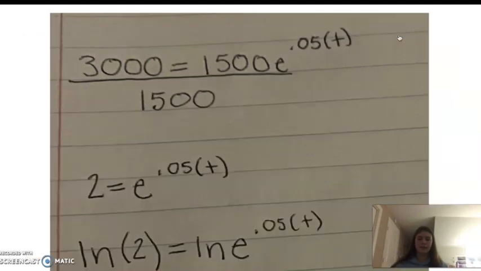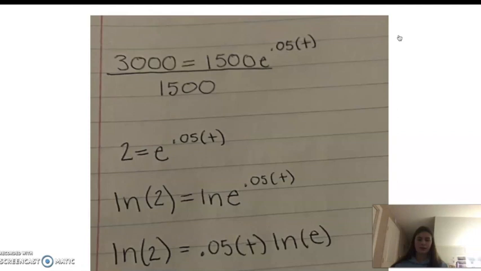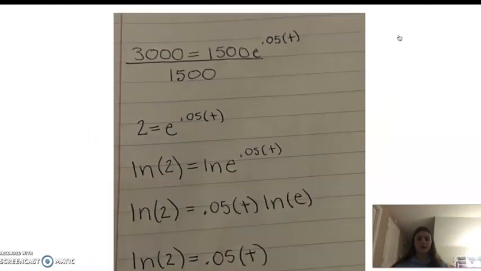Then we can take the natural log of both sides, and like our log rules state, we can bring the 0.05 times t out to the front. So then we have the natural log of 2 equals 0.05 times t, the natural log of e. And like before, the natural log of e is 1. So that leaves us with the natural log of 2 equals 0.05 times t.